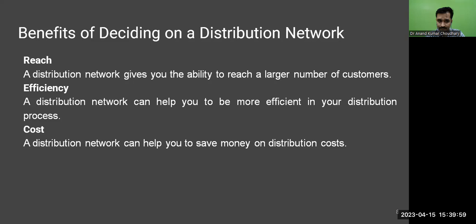What does reach mean? A distribution network gives you the ability to reach a larger number of customers, and certainly it will be helpful to the customer as well, giving access to the customers. Efficiency: a distribution network can help you to be more efficient in your distribution process.